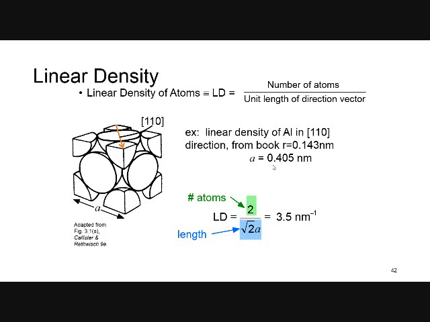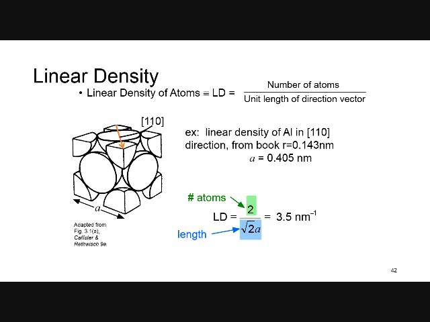Because there is a relation, root 2 a, where a is the side of the unit cell, is equal to 4r, from the radius we can find the value of a equal to 0.405 nanometer. The linear density is the number of atoms. In this line we have 1 in the corners and 1 in the center, so 2 atoms divided by this length, which is root 2 a. We have a result in this relation for linear density.